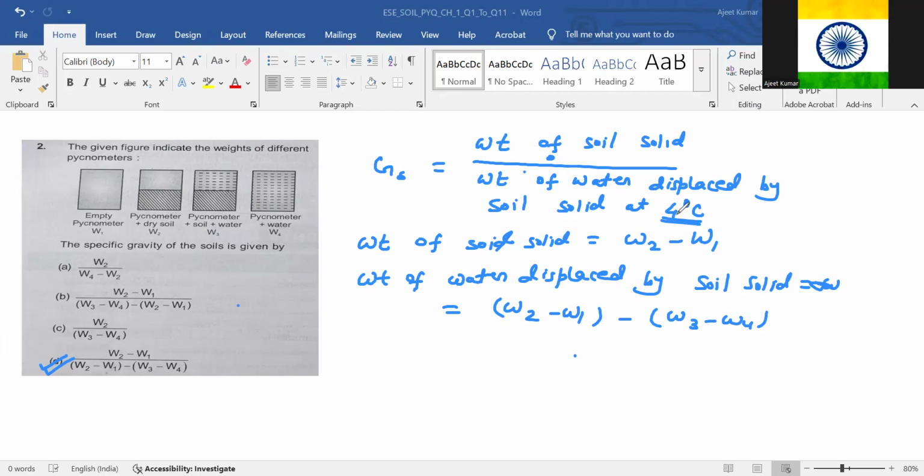If you go up from 4 degrees Celsius, that is 6, 7, 8, the density of water goes down. Similarly, if you go below 4 degrees Celsius, the density will reduce, as in the case of ice, whose density is less than the density of water. So this temperature is very important.